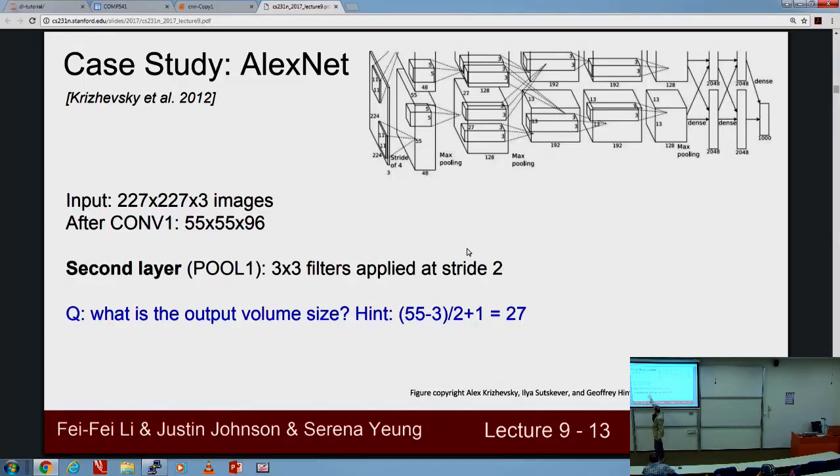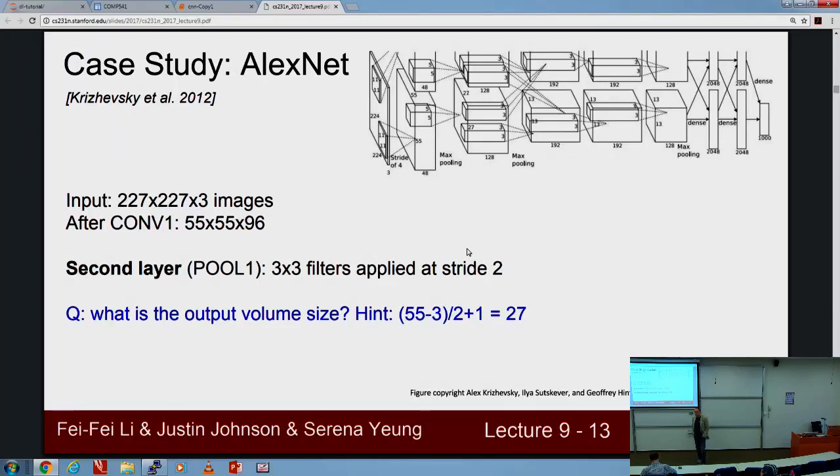So after this pooling layer, remember after conv1, our activation was 55 by 55 by 96. After the pooling, what do I get with this window and stride? Again, you can use the hint. Anybody brave enough to guess an answer? 27.